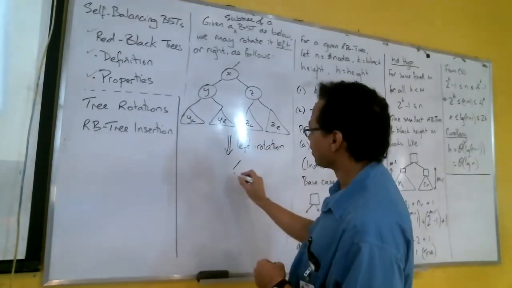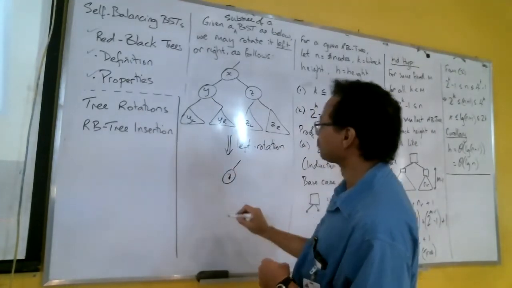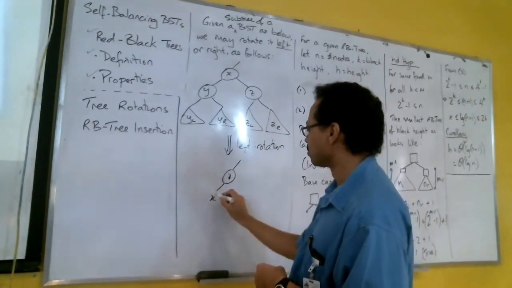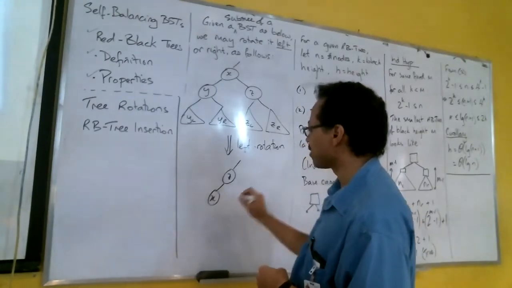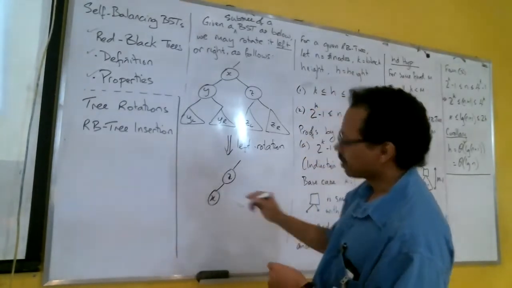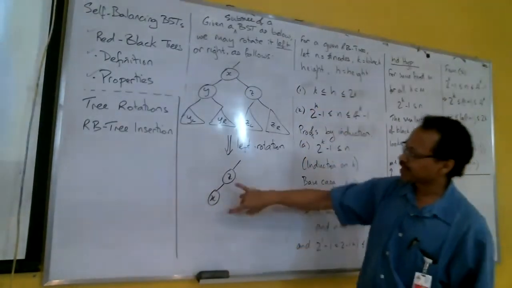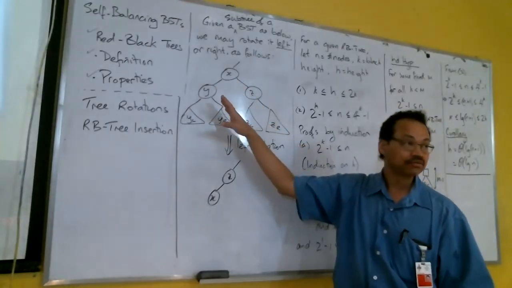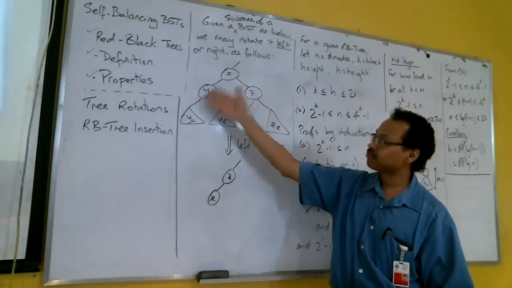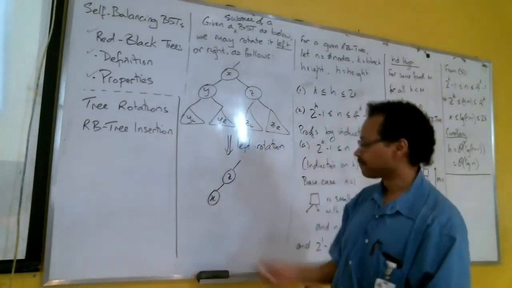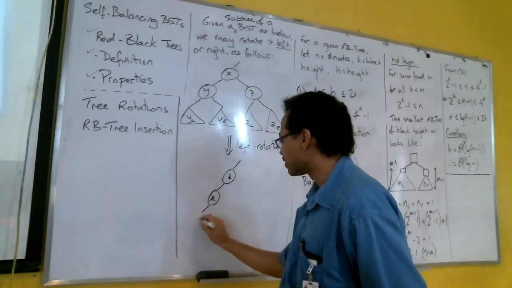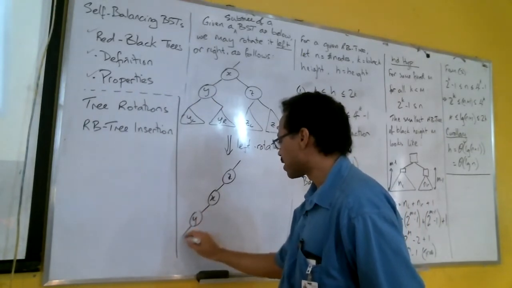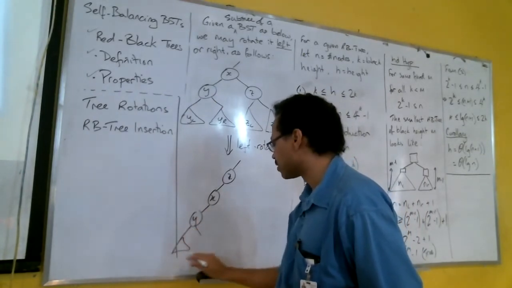So like I said, Z comes up, and X goes down to its left. Now imagine, since I moved X down like that, I don't need to worry about X's left side, do I? All that just moves with it. So therefore, Y is untouched, and Y's two subtrees are also untouched.